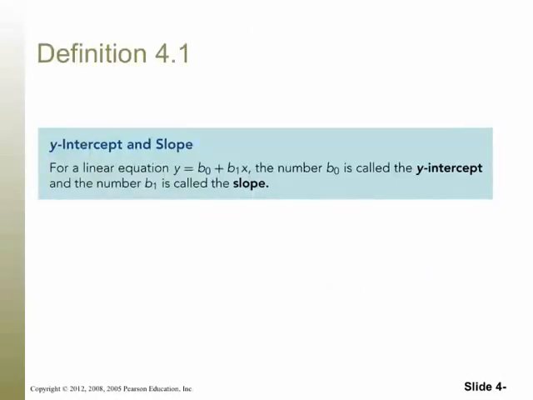Okay, and so the equation of the line is y equals b naught plus b1x. That's their version of this. So b naught is the y-intercept, and b1 is the slope.